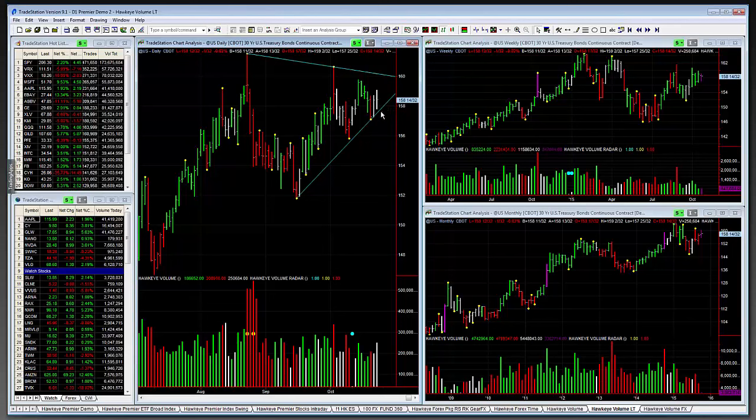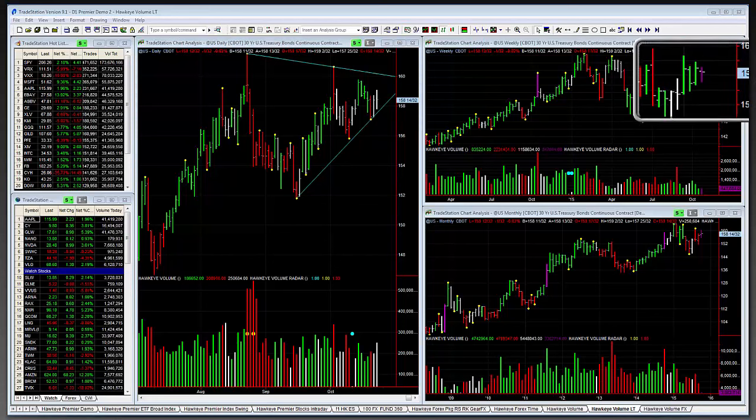All of these dots, all of our software paints in real time. The colors of the bars are painted at the close of the price bar. As the bar is developing, you can see there is a small purple bar. See that bar right there? Let me magnify that for you. There's a purple bar that shows you that bar is still being formed.